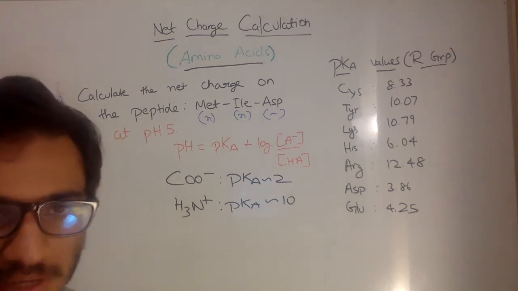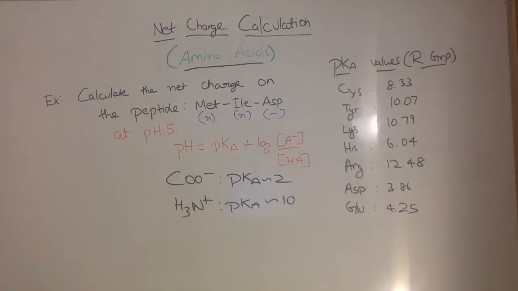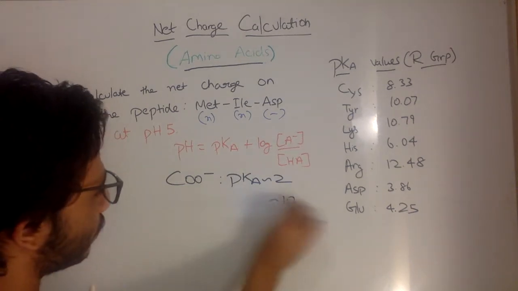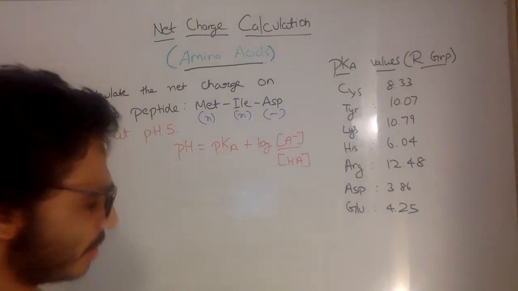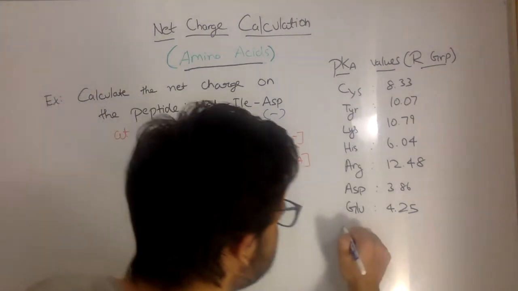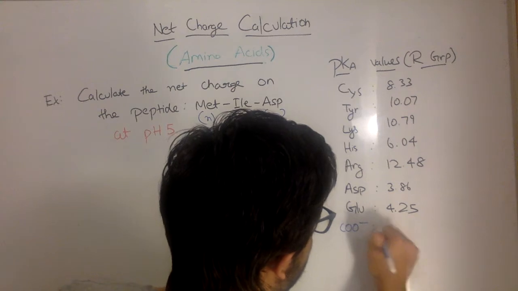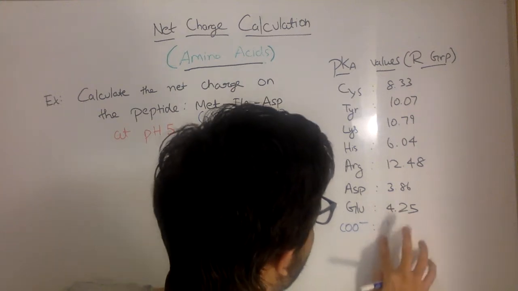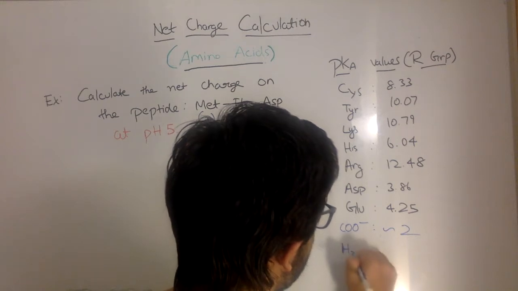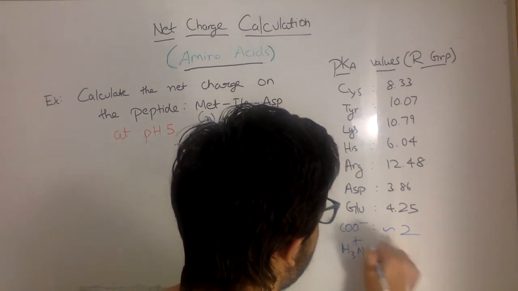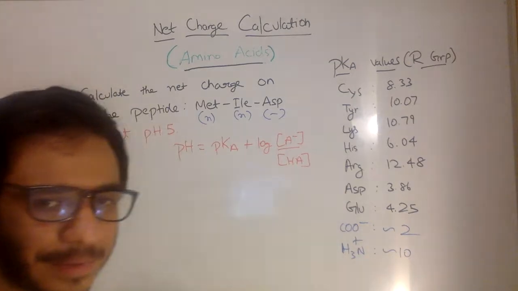Actually, let me erase this. We know that the pK of the C terminus is 2 and for the N terminus it's 10. Let me write it here. So the C terminus has a pK of around 2 and the N terminus, or the amino group, has a pK of around 10.